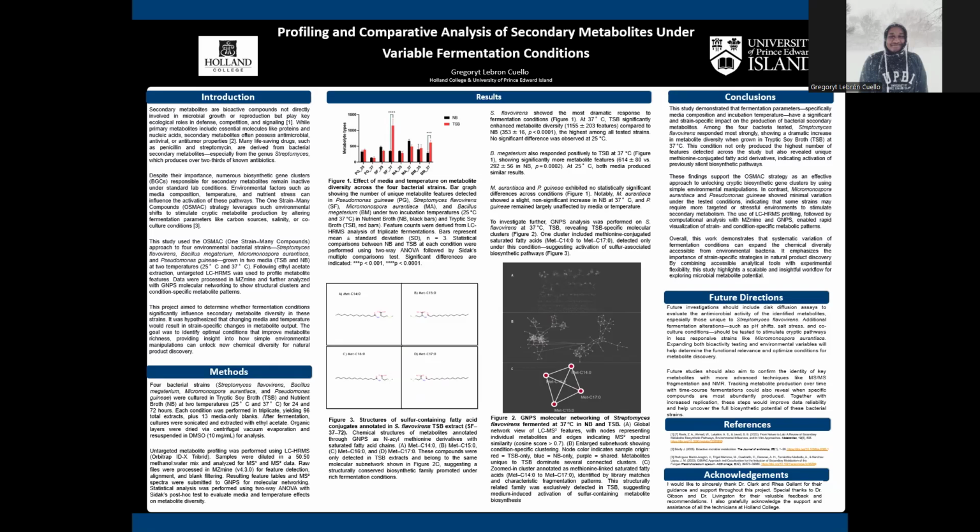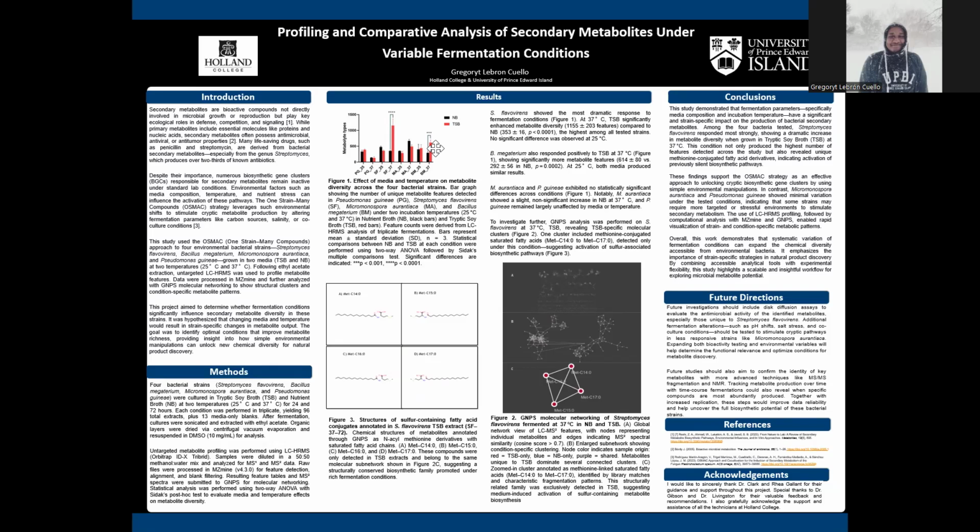The data was then processed with MZmine, and molecular networks were created in GNPS to visualize the relationships and clusters among the metabolites. As you can see in figure 1, the strain that responded most significantly was Streptomyces flavovirens.